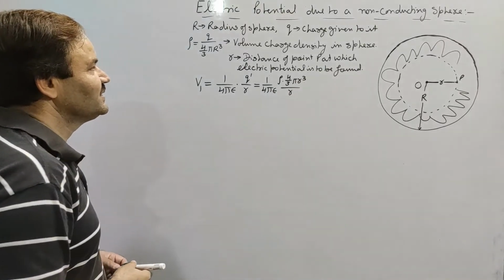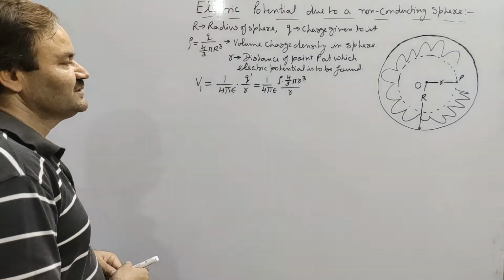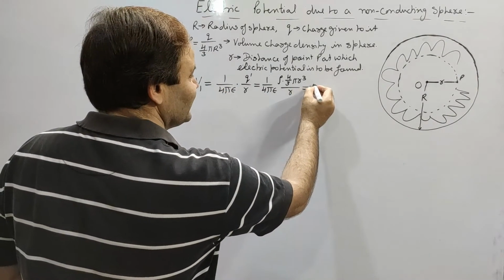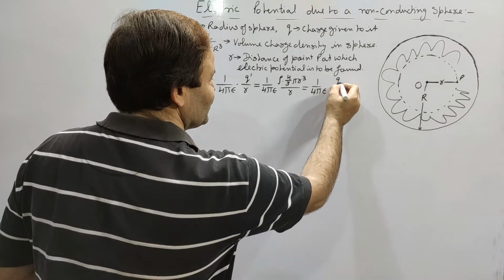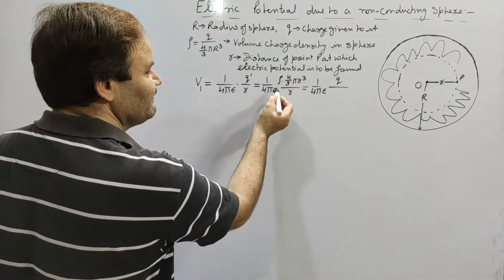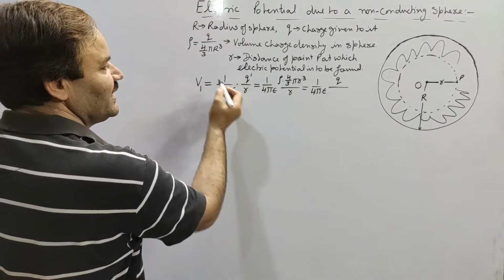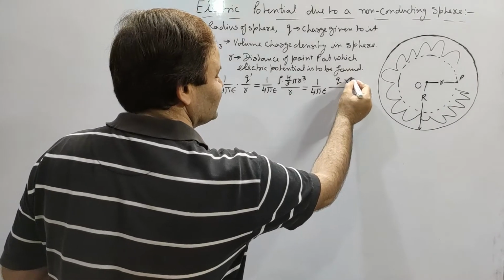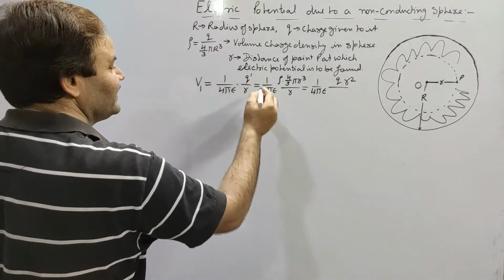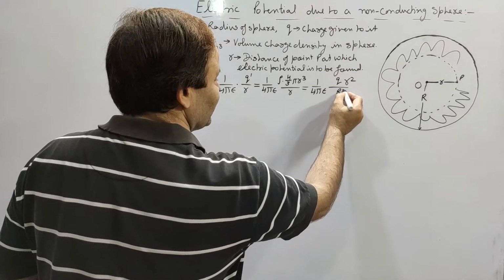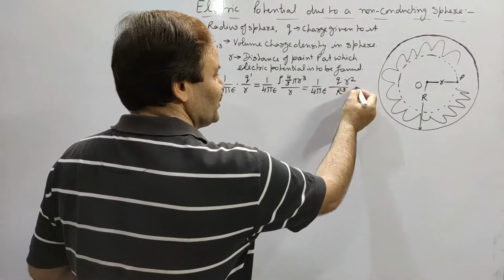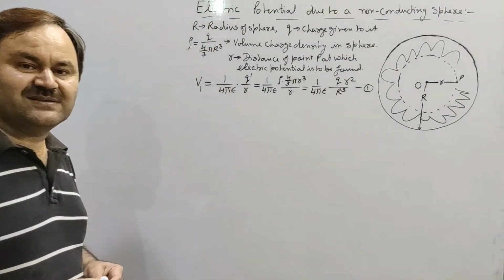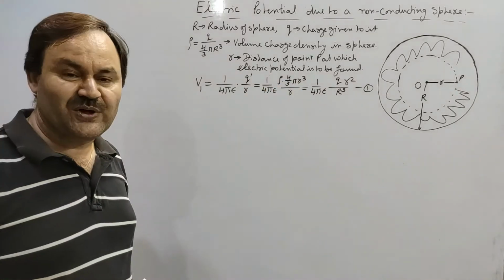Now if we put the value of rho as Q upon 4 by 3 pi capital R cube, then we will get 1 over 4 pi epsilon Q; 4 by 3 pi will get cancelled with this 4 by 3 pi, and that will give r square in the numerator and divided by R cube in the denominator. So it will be the electric potential due to the central region of the sphere at point P.